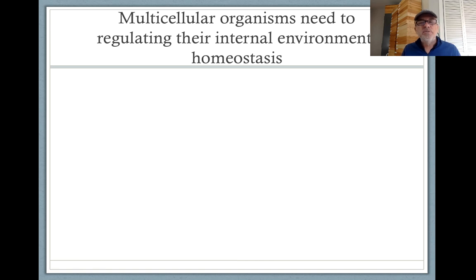Multicellular organisms need to regulate their internal environment in order for cells to survive. I hinted at this earlier when I said that the interstitial fluid had to be constant. That means that there has to be a certain amount of aqueous solution around every cell. You'll quickly figure out that it has to be at exactly the right osmotic pressure.